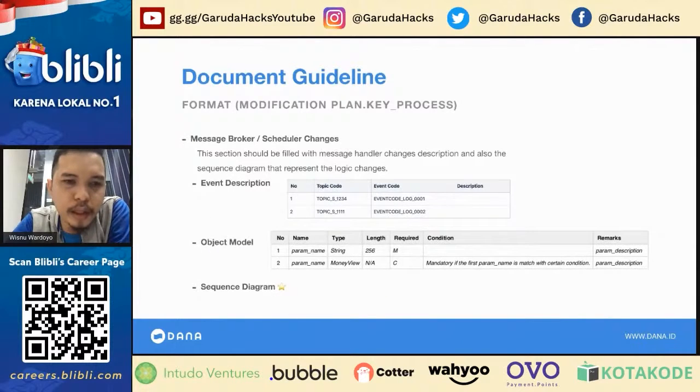Also, not only services, we have the message broker too. This section should be filled with the message handler changes, the description, and also the sequence diagram that represents the logic changes. Maybe not all of you use message broker technology, but the first thing you need to list is the event description.